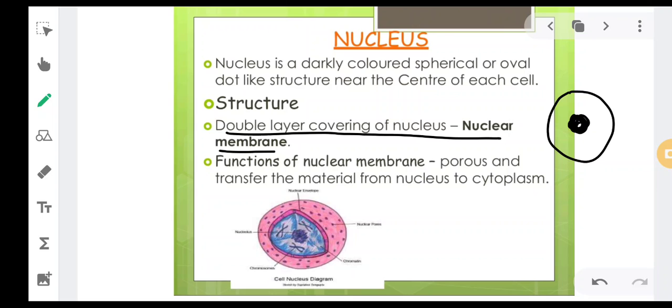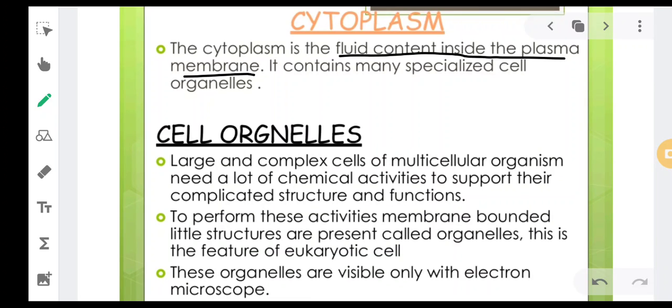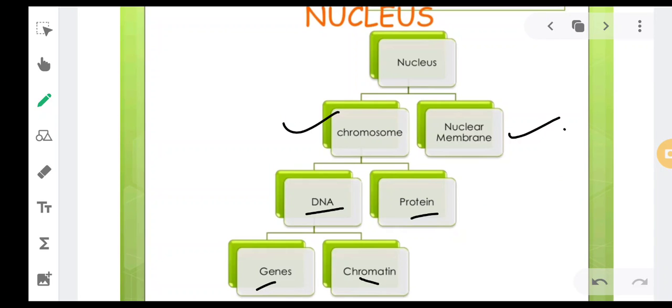This nucleus has a membrane outside it, one membrane which is protecting that nucleus. As you can see over here, there is a nuclear membrane which is protecting the nucleus. What is the job of this membrane? It is nothing but to hold the parts inside the nucleus very properly. Which are the various different parts inside the nucleus? We had seen, right? Chromosomes were there, DNA was there, proteins were there, genes and chromatin were there.